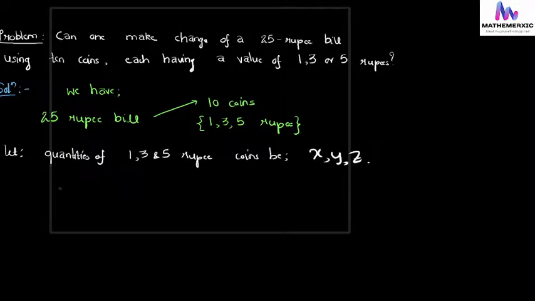So we can say therefore x plus 3y plus 5z is equal to 25, and we have to find the values of x, y and z.